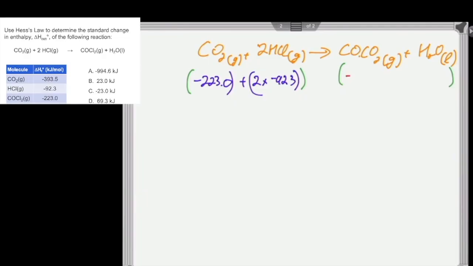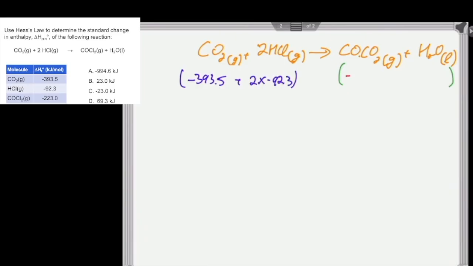Oops, did I do that wrong? Reading out my numbers wrong. I apologize. One more time. From the table, CO2 is minus 393.5. HCl, 2 times minus 92.3.